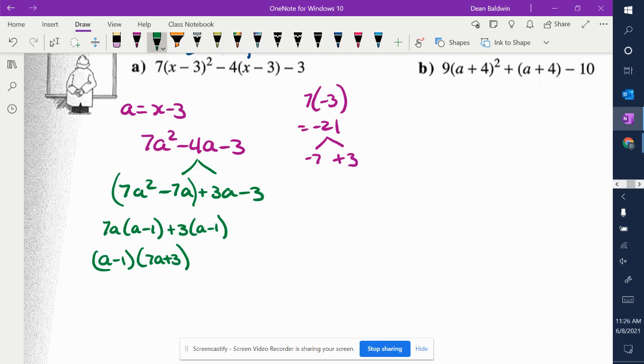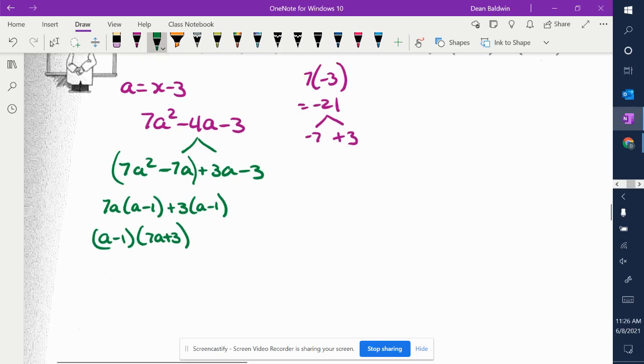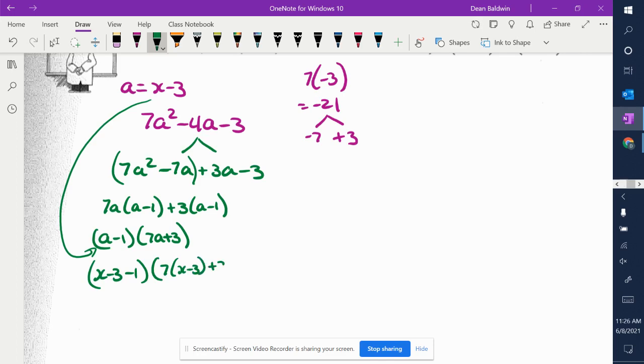Yes. Because we said a is equal to x minus 3. I don't want the a's in there, so you have to sub it back in. So you get x minus 3 minus 1 is the first bracket. 7 times (x minus 3) plus 3 in the second bracket.